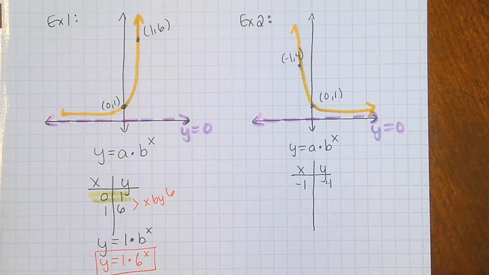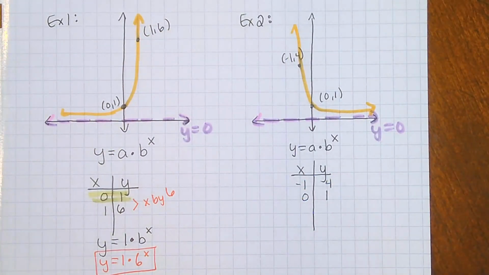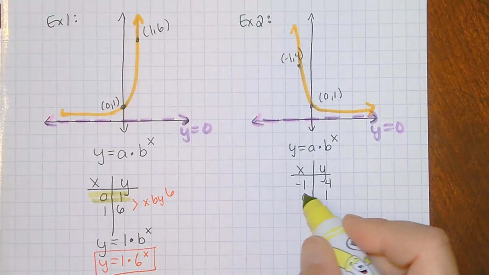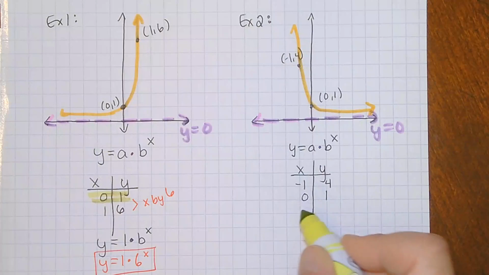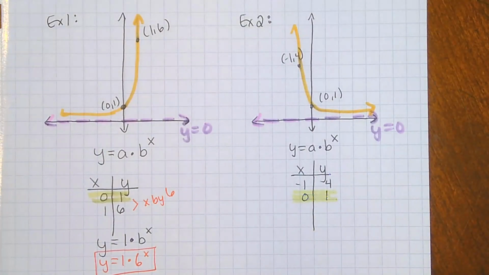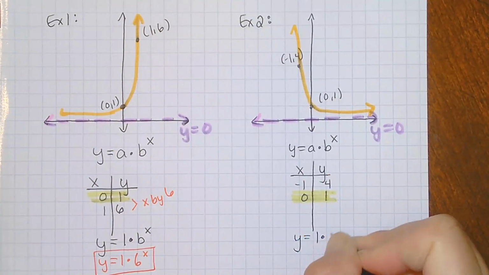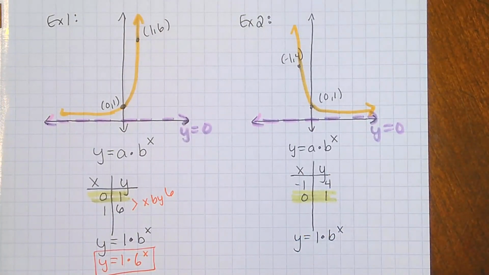And then I have 0, 1. So again, in this one, I see my zeros, so that's nice, and they're in order one right after the other, so that's also a nice one. So here, this is going to be my start, my a. So I know it's going to be y equal 1 times some b to the power x.